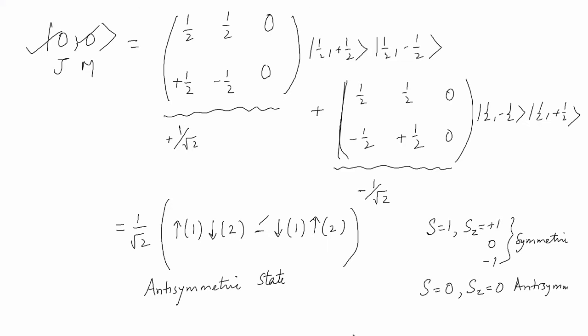That means if anybody asks me what happens when you combine two spin half particles, then I can tell them that the overall symmetry would be given by a factor minus 1 to the power s plus 1. If s is 1, this will become minus 1 whole square, that is plus 1. That will be a symmetric state, while when s is equal to 0, this will become an anti-symmetric state.